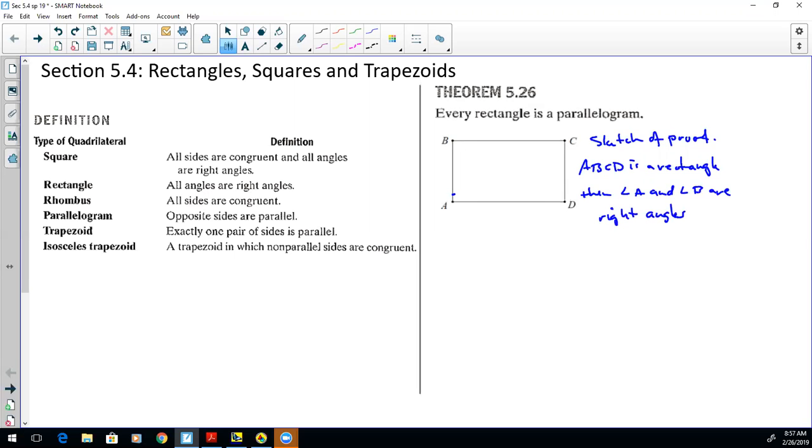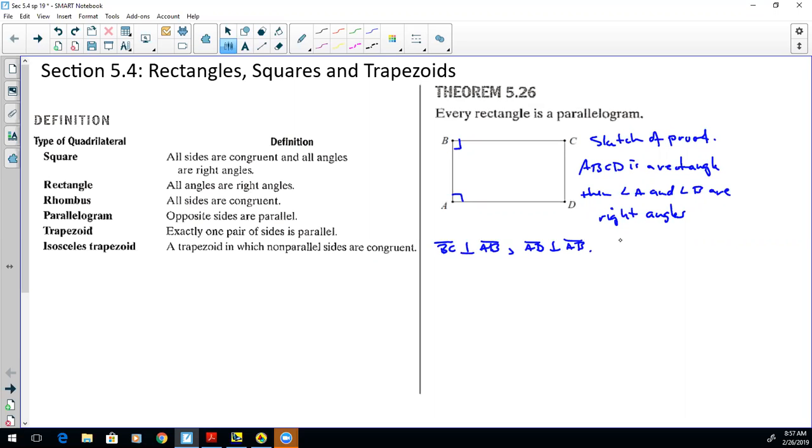So I've got a right angle here and a right angle there. Now I have other right angles as well, but all I need for right now is those two. So this means that BC is perpendicular to AB, and it also means that AD is perpendicular to AB.